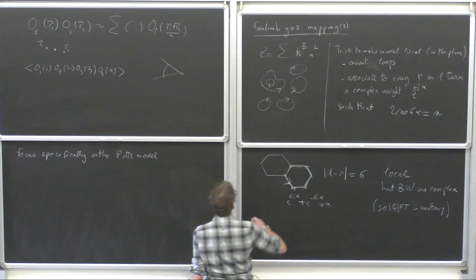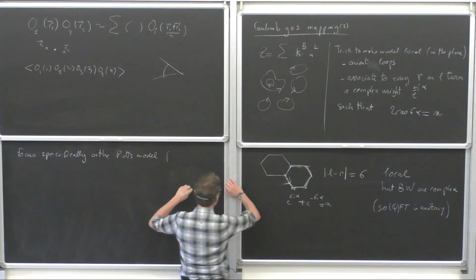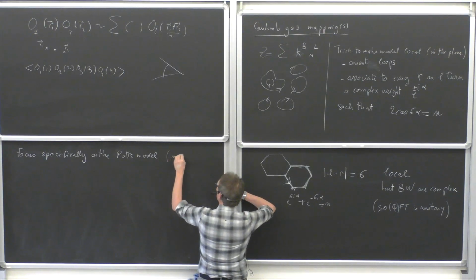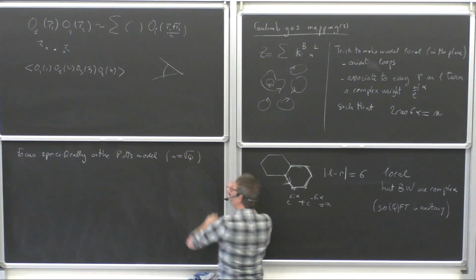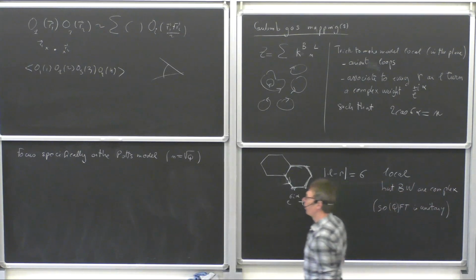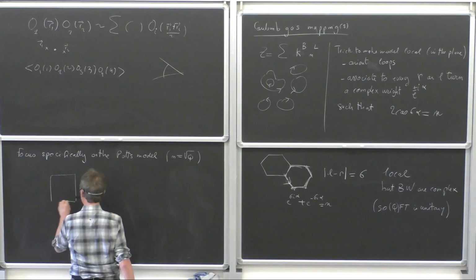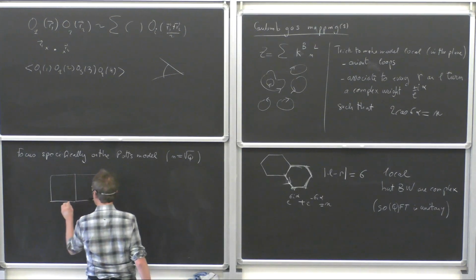So remember, I use n generally to denote the fugacity of the loops. And we have seen already that in the case of the Potts model, we get loops whose fugacity is expressed in terms of the number of variables of the Potts model as square root of q.